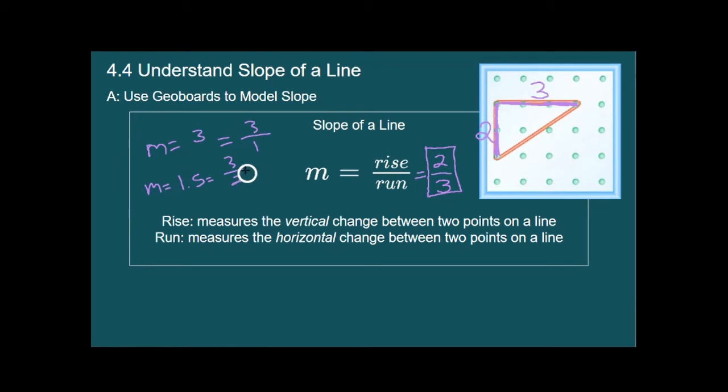Okay, so it's always going to be able to be expressed as a fraction at this point in your math career. So the slope is rise over run. How far you go up and how far you go horizontally, up or down, and how far you go horizontally to get to another point.